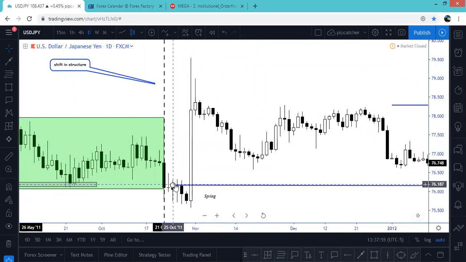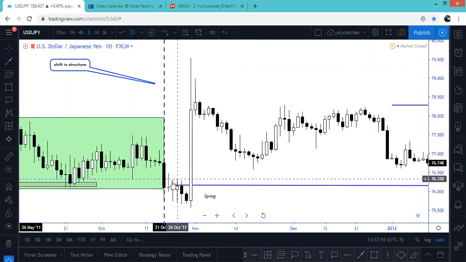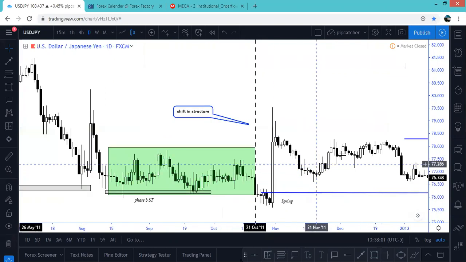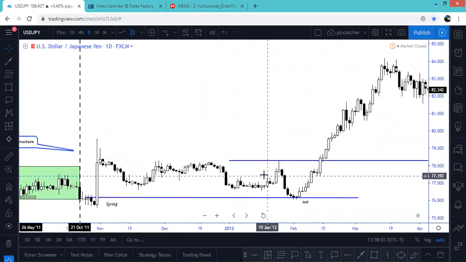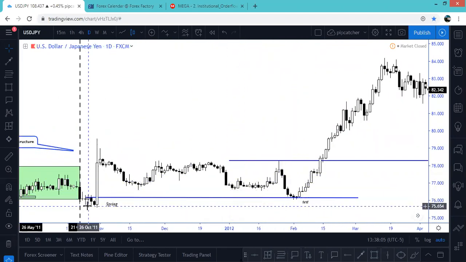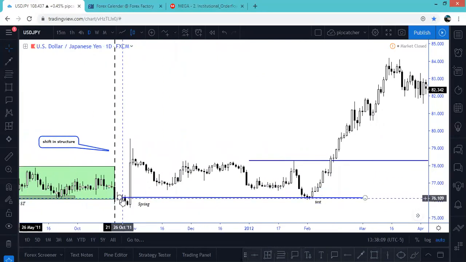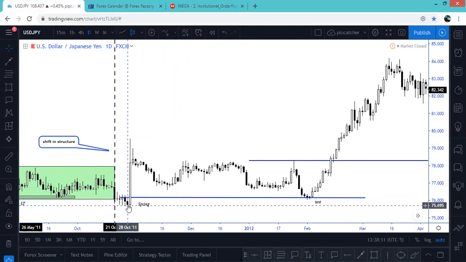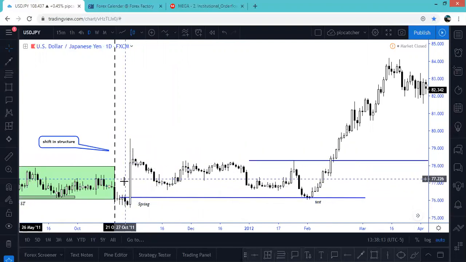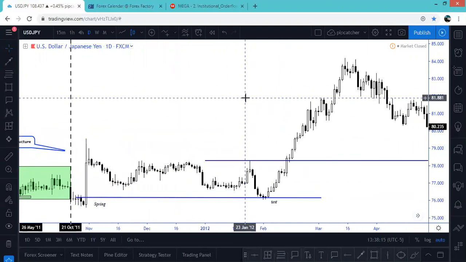You could say these 3 wicks right here, you could say that these are really minor equal highs, right? So we test right back down into this breaker scenario, right? This up candle before this down move, and then we had this impulsive move up.